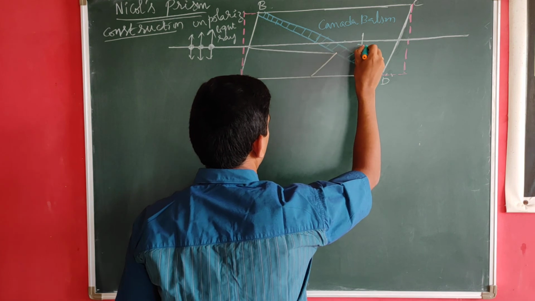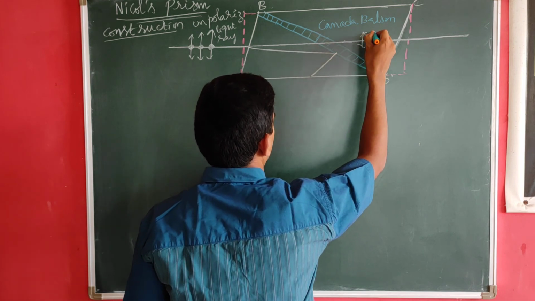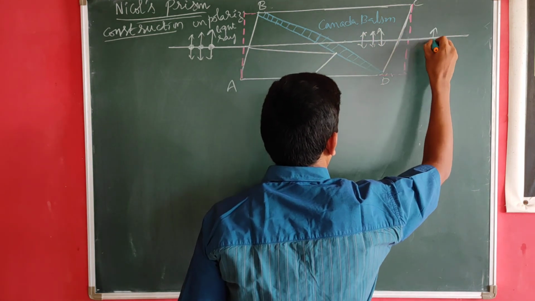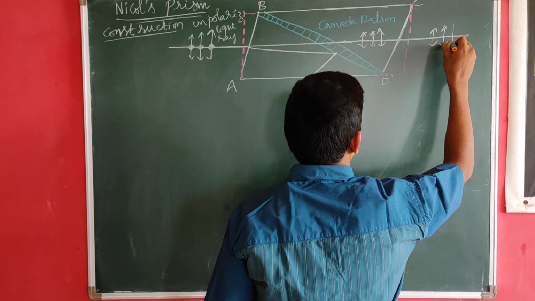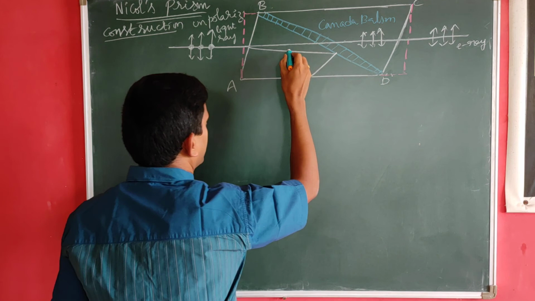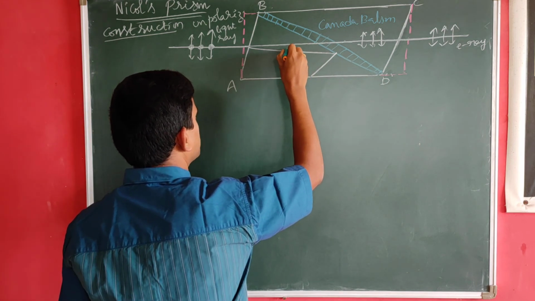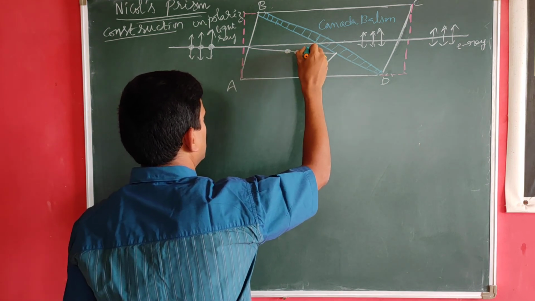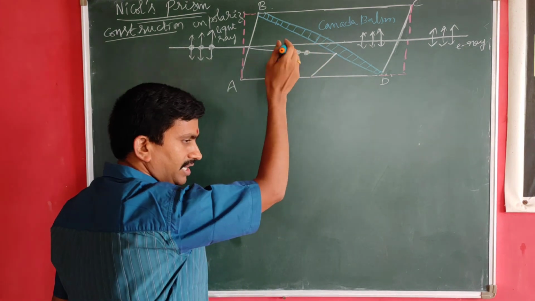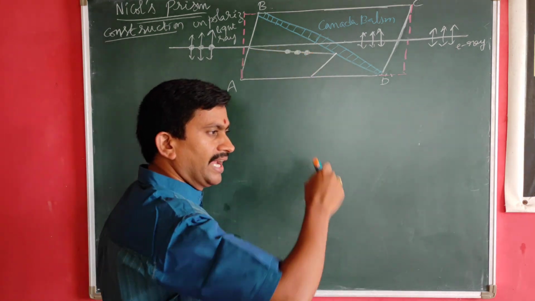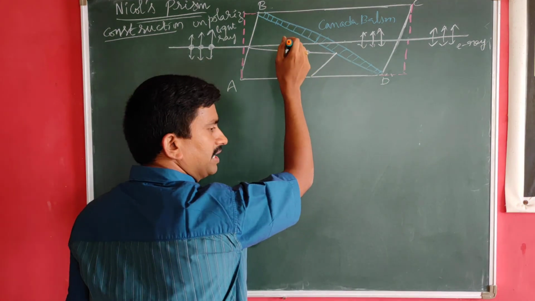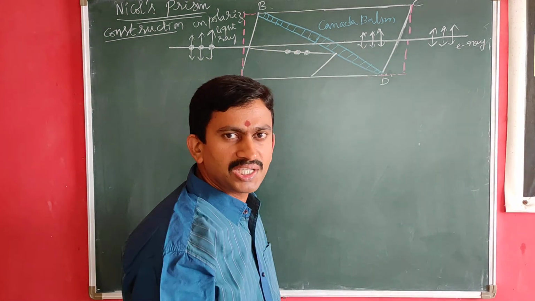The extraordinary ray has vibrations parallel to the principal plane or section of the crystal, and the ordinary ray has vibrations perpendicular to the principal section or principal plane of the crystal. So we always represent the ordinary ray perpendicular components with dot marks. That indicates that this light ray has its electric vector vibrating in the plane perpendicular to the principal section of the crystal.